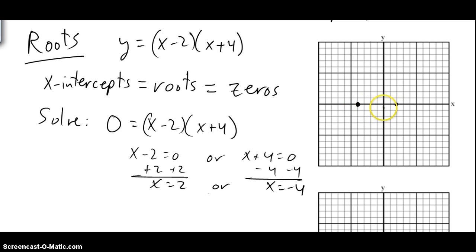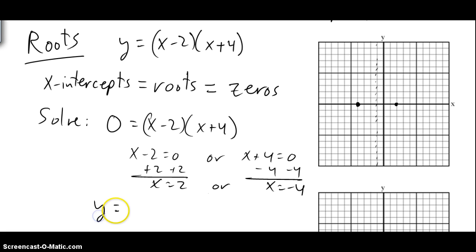So the middle of these 2 points, if I go over here 2, if I go over here 2, over 1, the middle is right here. It is, in fact, right there along x equals negative 1. Okay? So now, you see how I got that? That's the middle of these 2 roots. So if I plug in x equals negative 1 here, that's going to tell me where the vertex is.